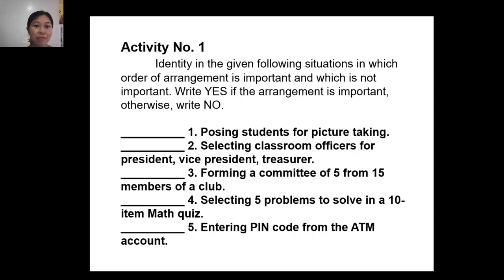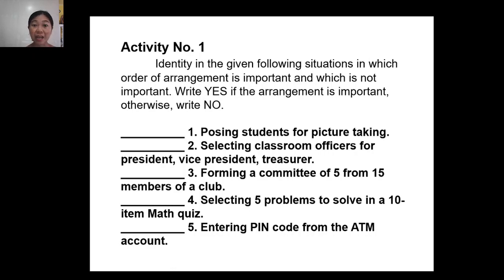Again, you have to answer 3 activities of the module based on the difference between combination and permutation. So, for activity number 1, you are just going to identify in the given situation which order of arrangement is important and which is not important. So, if the order of arrangement is important, you are going to write yes.